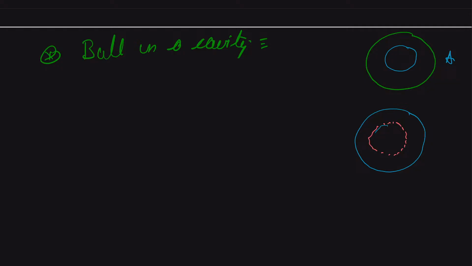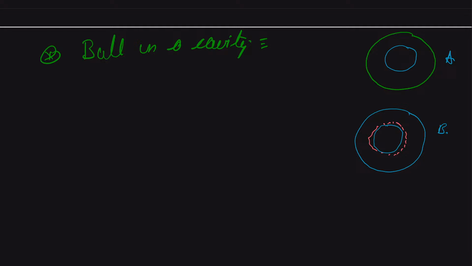That's the major difference between the two. So in the first part we placed the ball directly on the sphere, but in part B we have a sphere, we created a cavity, and then we placed the ball. We are going to see whether there is a difference between the forces or not.